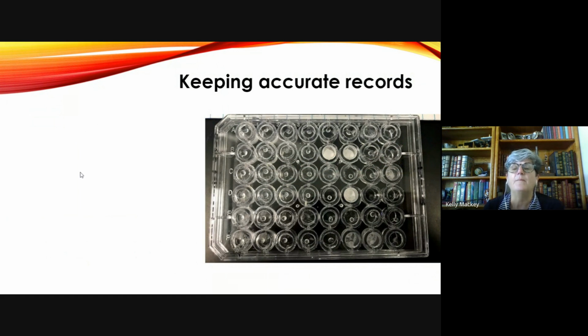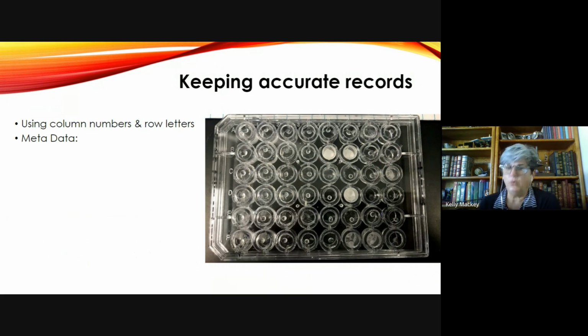But the accurate records that you need to keep are not just the conditions. There's metadata, which is important for every scientific experiment, to know, well, who did this work and who are they working for? What are they working with? The date that the plate was first created is important.